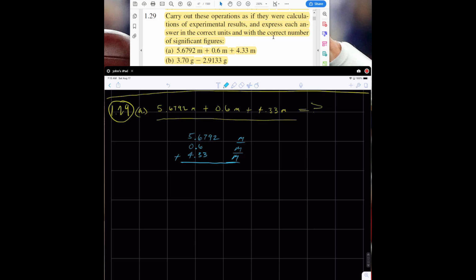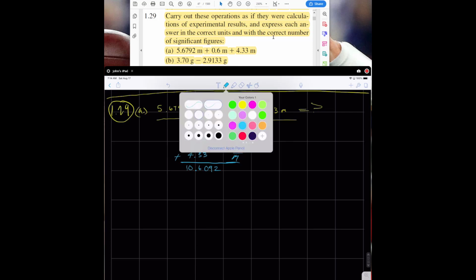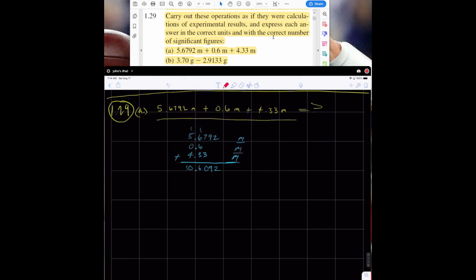As we can see, these numbers are all lined up by their decimal point. So we can just start doing the math. Okay, there we go. We just added them all together.